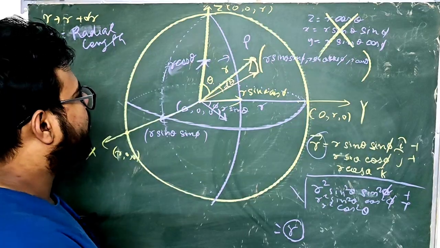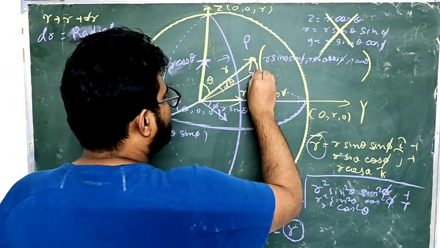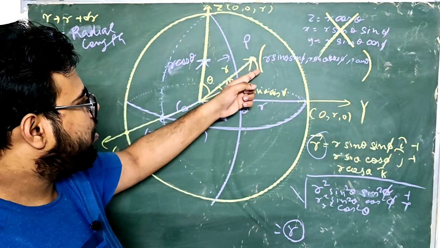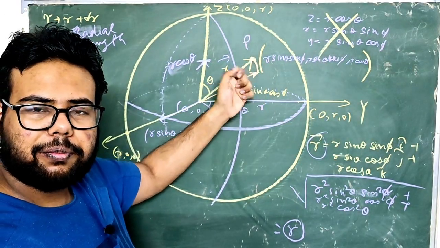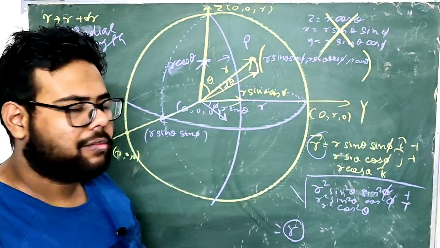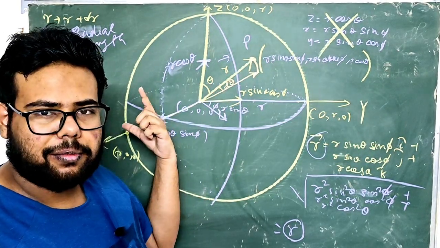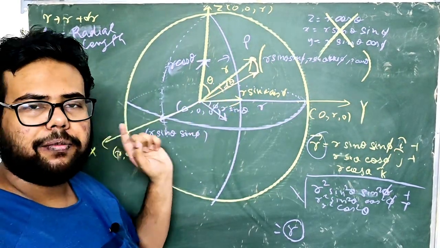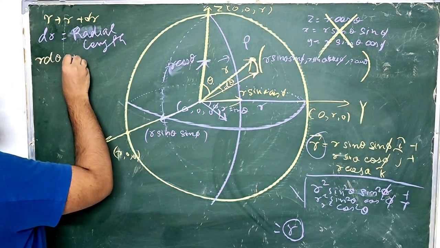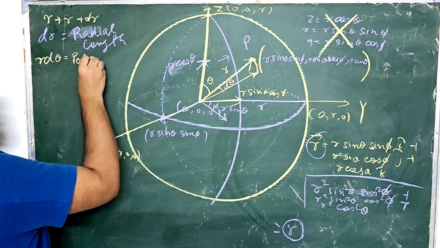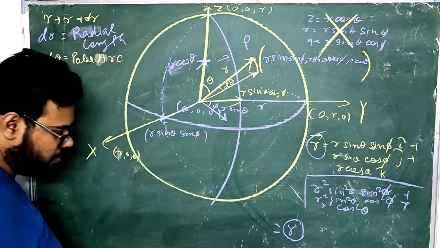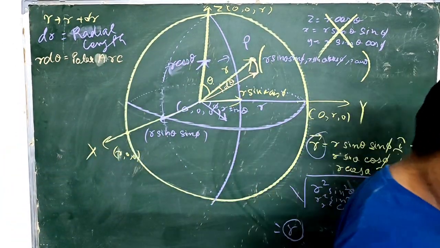Correct? Okay. Now, what will happen? What will be the length of this arc? Radius is r, angle is d theta. So r d theta will be equal to the polar length. Sorry, polar arc, because it's an arc. Correct?